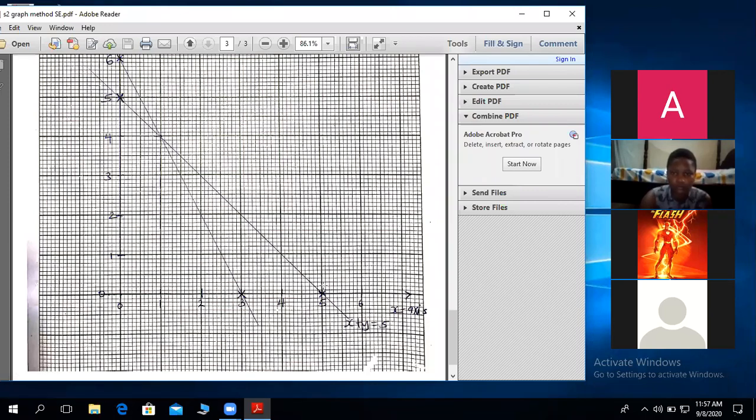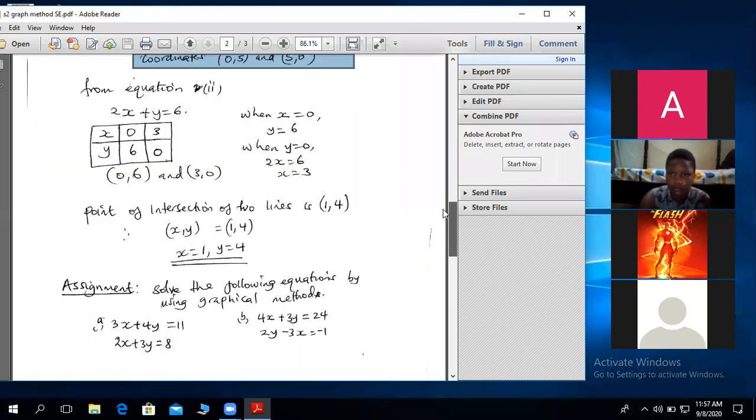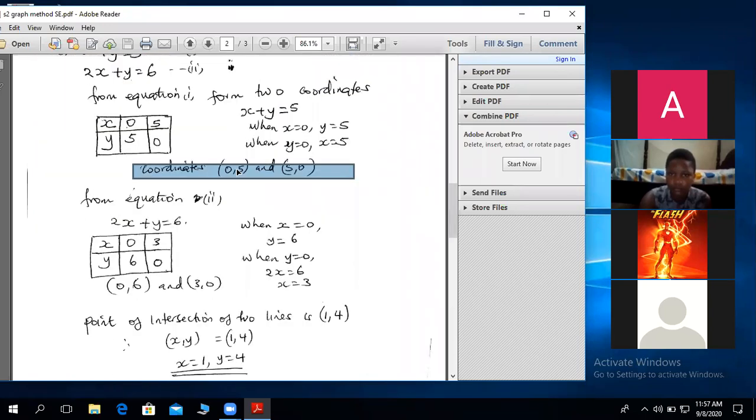So my coordinates are 0, 5. I begin with 0 on x-axis, 0, 5. That means we begin with the x-axis. This is my coordinate. And the other coordinate was 5, 0. I think you can see this. Yeah? 0, 5 and 5, 0.